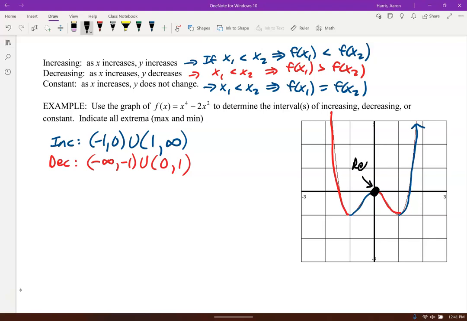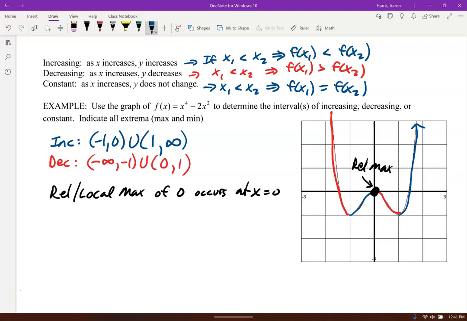We have a relative max, meaning in that area, that's the highest point, or a local max. Relative or local max of 0. It occurs at x being 0, right? So the y value is the relative max.